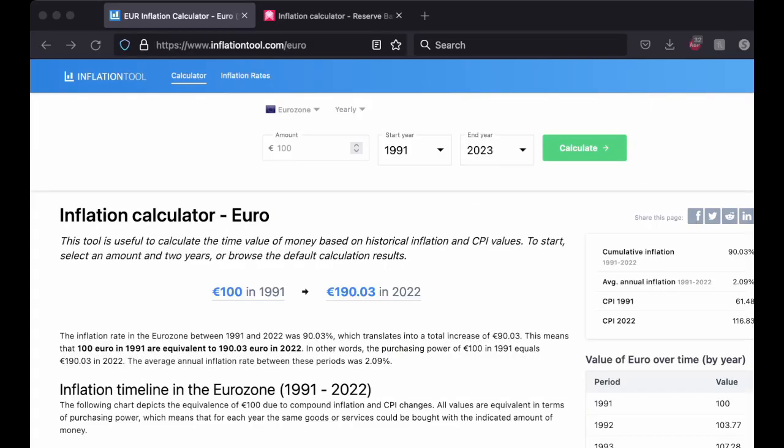Okay, so continuing with the inflation calculators, we'll go to the euro and then the New Zealand dollar. Now the one for the euro does go back that far. So if we had a euro, even though the euro didn't exist in 1991, just for the sake of argument we'll calculate the inflation. If we had a euro, or its equivalent, in 1991, what would it be in 2023?